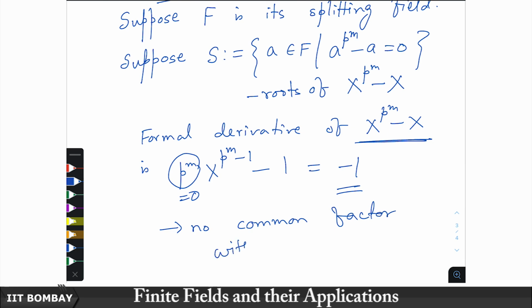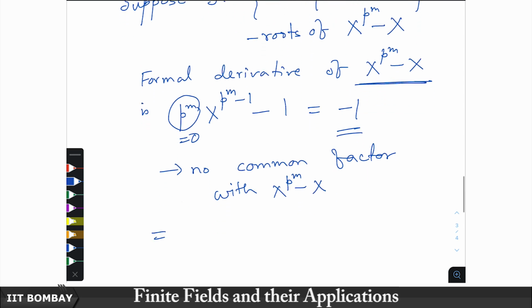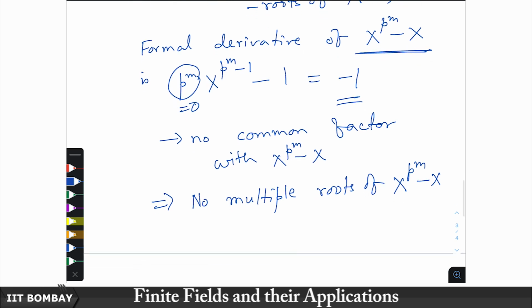That means there are no multiple roots of x power p power m minus x, because if there is a multiple root, we know that it will also be a root of the formal derivative, and the formal derivative does not have any root.